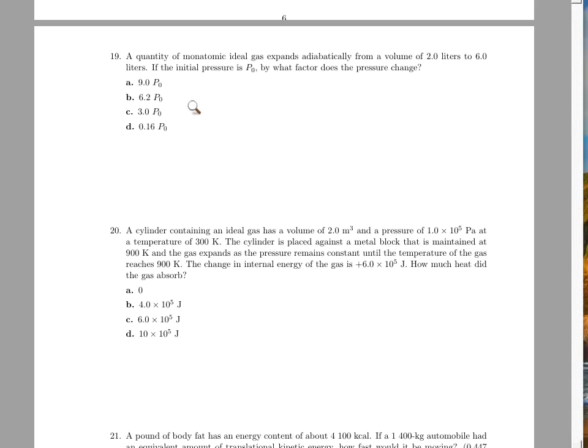All right, number 19, a quantity of monatomic ideal gas expands adiabatically from a volume of 2 liters to 6 liters. If the initial pressure is P sub naught, by what factor does the pressure change? This uses the adiabatic PV curve. We've got a monatomic gas, so the degrees of freedom is 3. The adiabatic PV curve goes PV to the gamma equals constant, where gamma is equal to the degrees of freedom plus 2 divided by degrees of freedom.